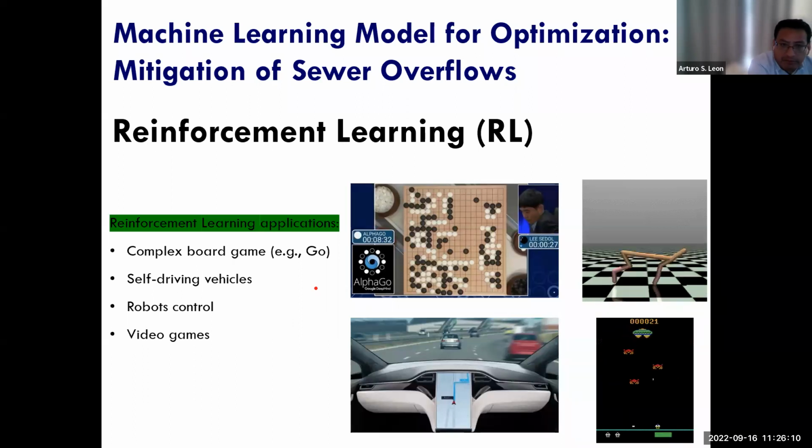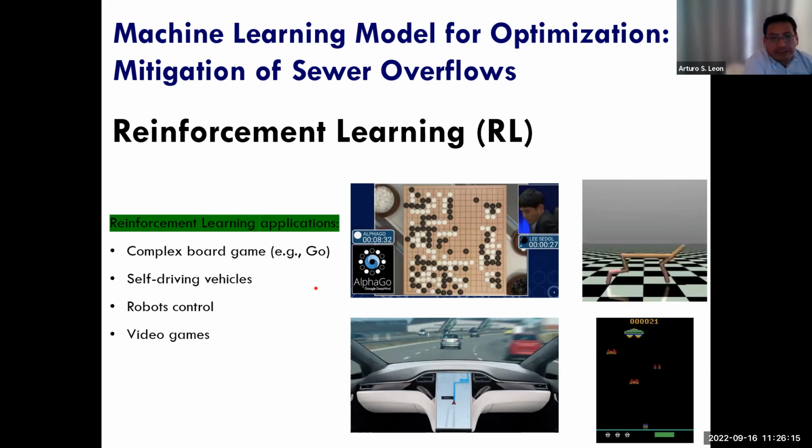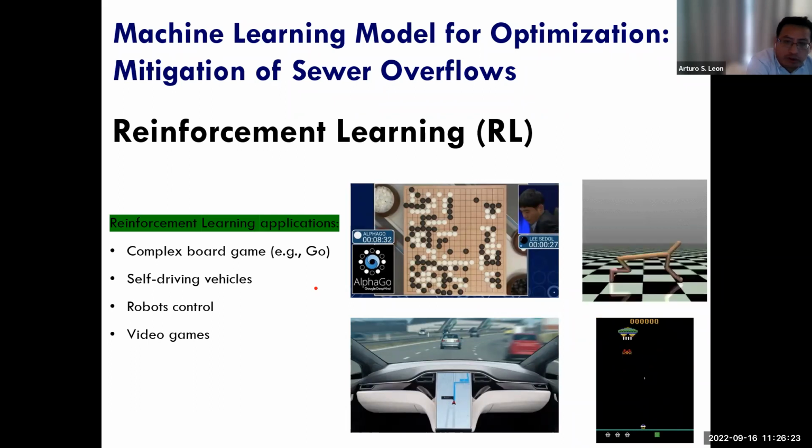So we can minimize sewer overflows. If you use classical optimization, for example genetic algorithms, pattern search, or some kind of nonlinear solvers, those methods are very time consuming. I have done this before. It might take one day to come up with a solution.